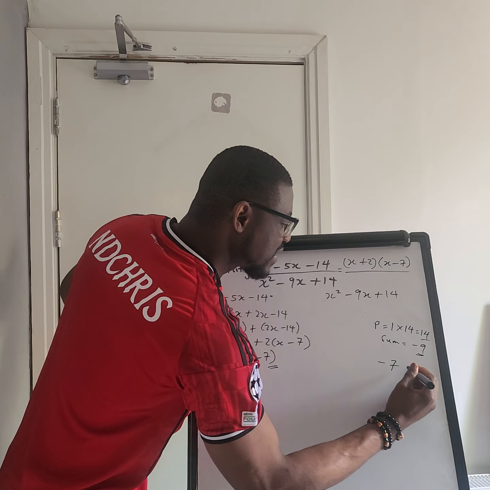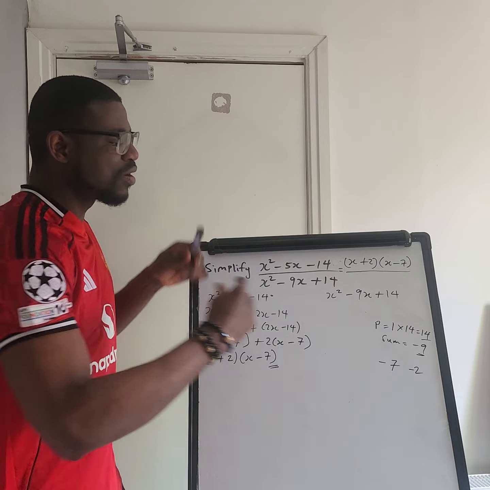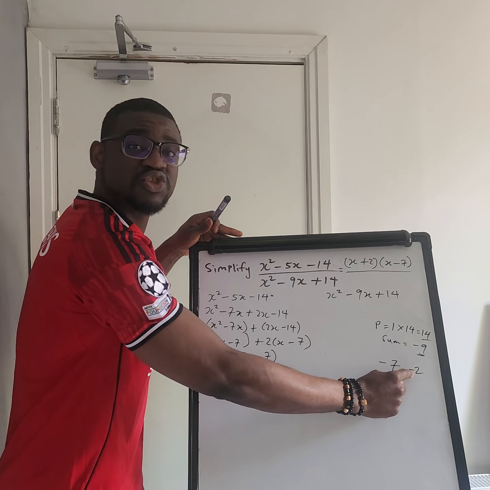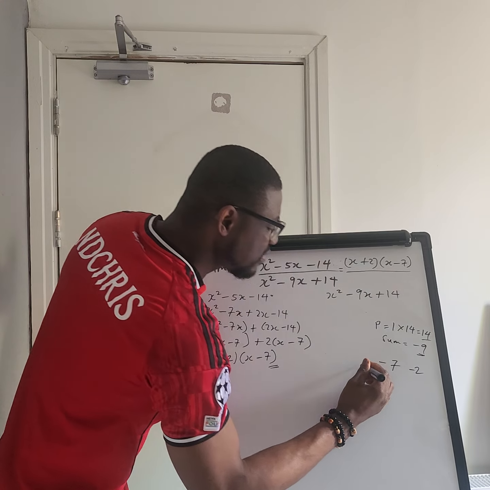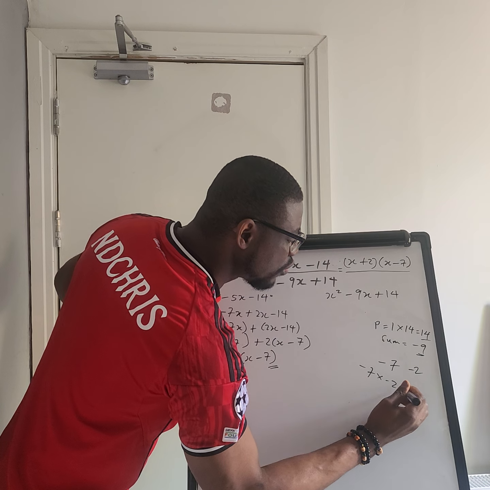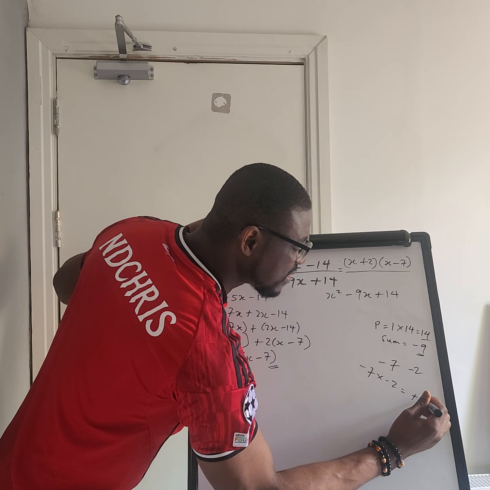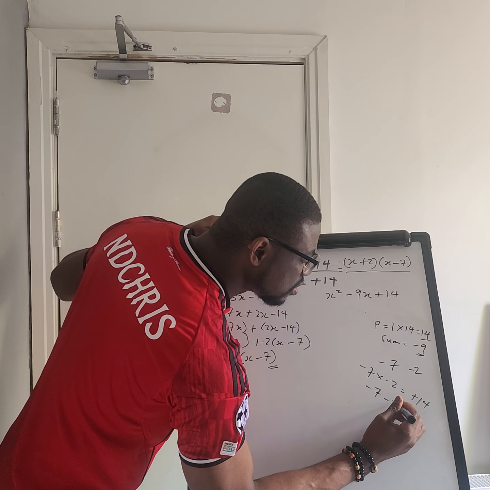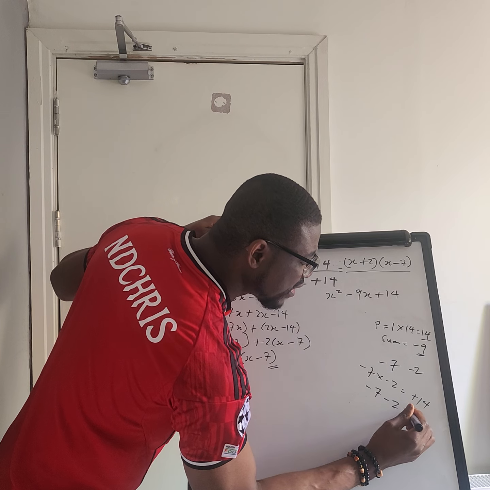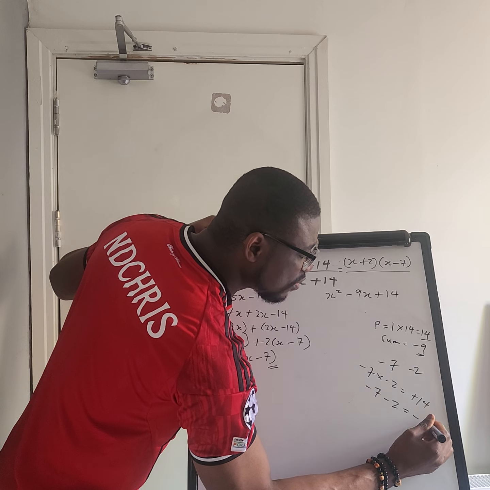So this is negative, this is negative. Why? Minus 7 times minus 2 will give you 14. That's plus 14. And then minus 7 minus 2 will give you minus 9.